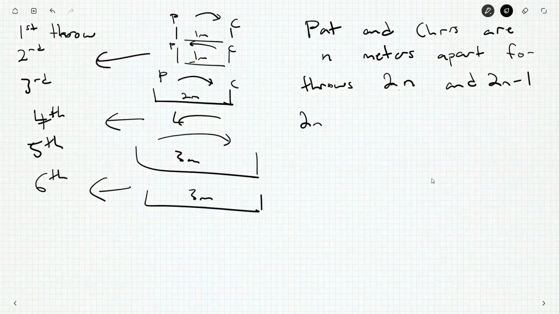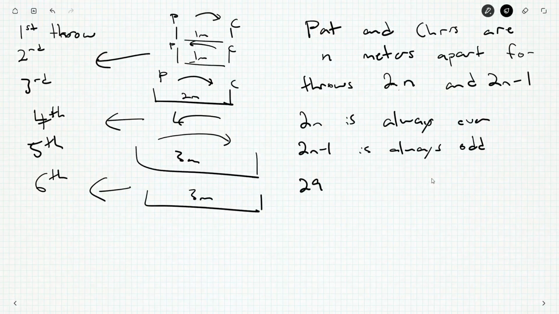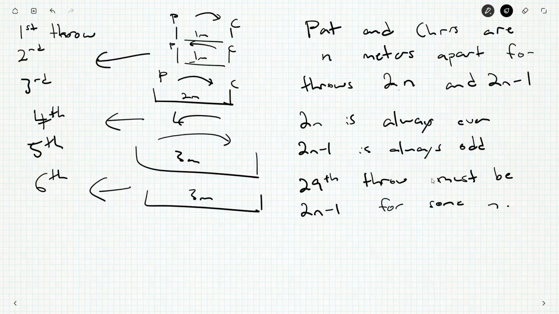So 2n is always even, 2n minus 1 is always odd. The 29th throw must be 2n minus 1 for some n, and that's the n that we want to figure out.